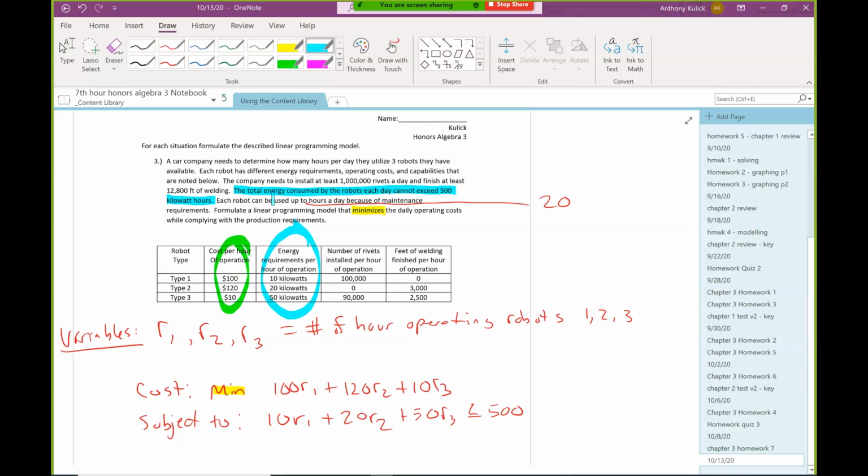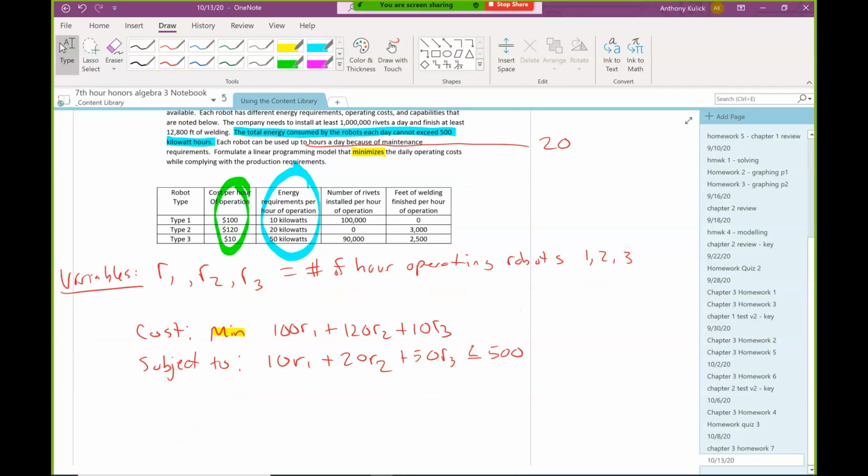Okay. There are some other requirements, though, from the table. What's another requirement here on the table, or in the story problem? Yeah, so, okay, we need 100,000 rivets. So how are we going to stipulate that? Oh, it's not there today.